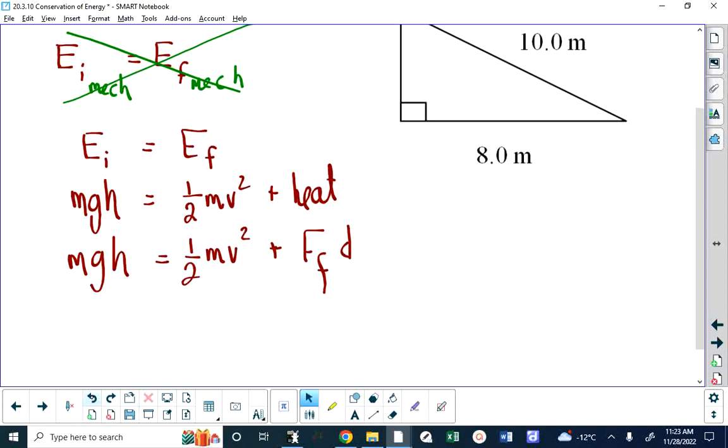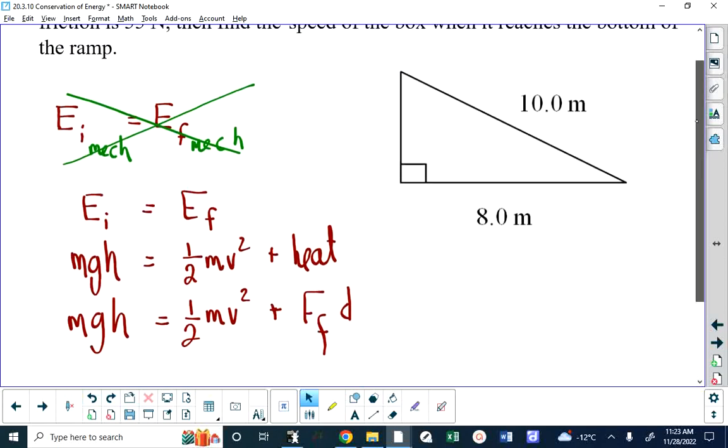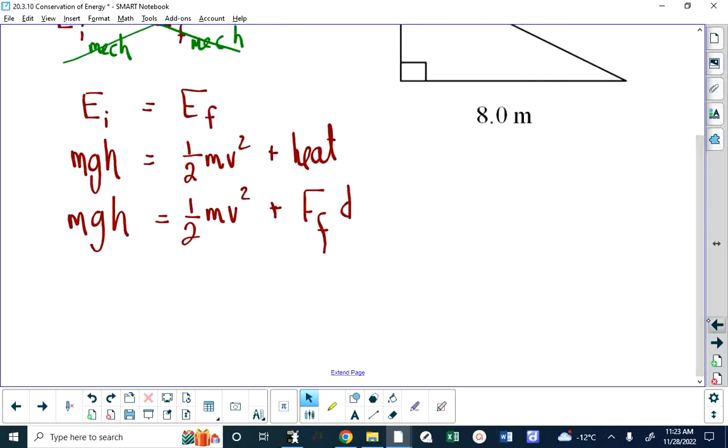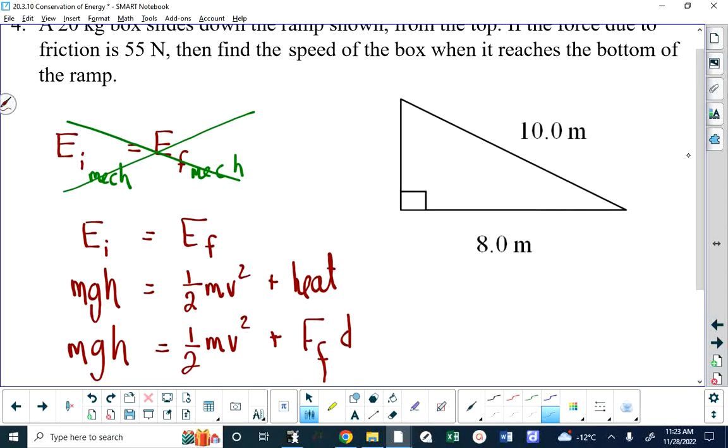So I'm going to put in the mass, 20 kilograms, times 9.81 newtons per kilogram, times the height. H means height. You need to determine this number. Do so for me, please.